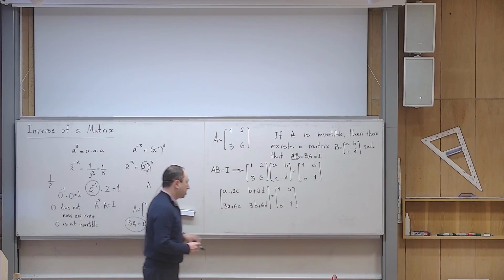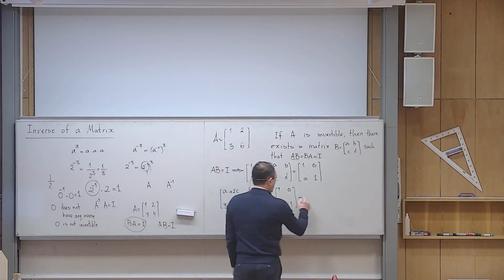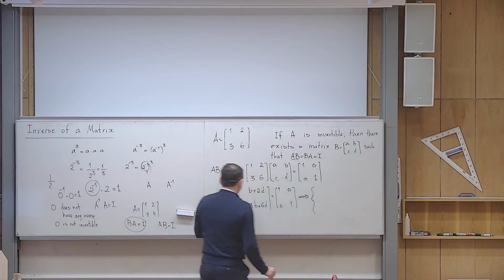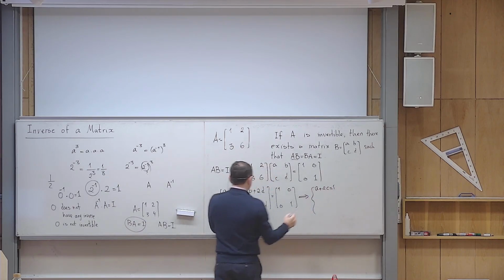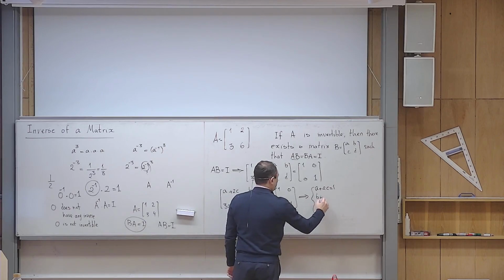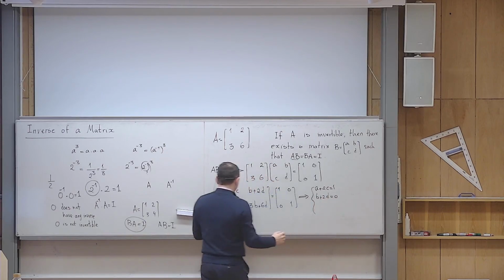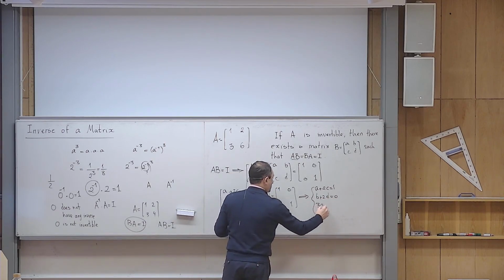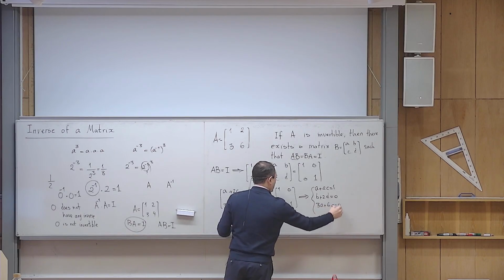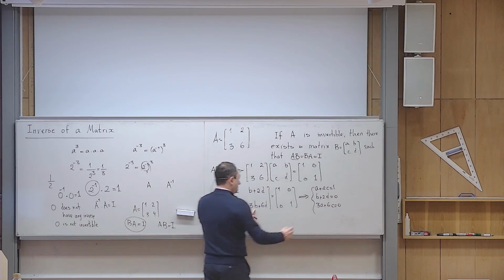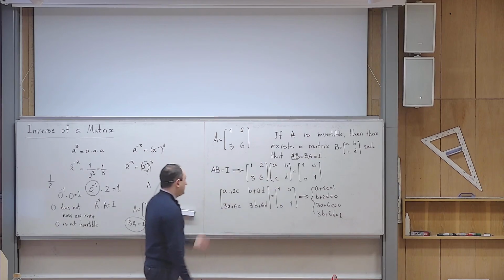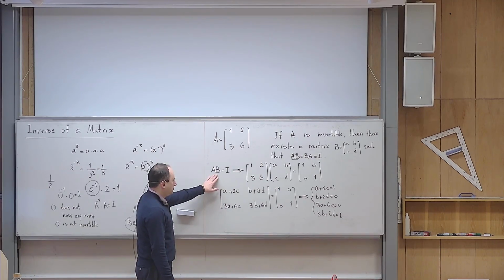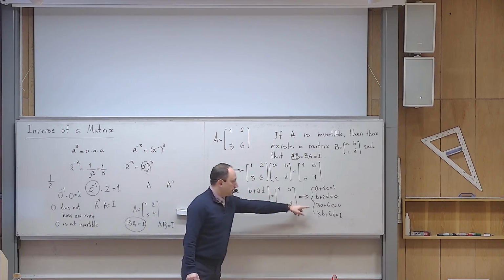Let us see why. If this equality is going to hold, what does it mean? It means that this entry, A plus 2C, should be 1, B plus 2D should be 0, and then 3A plus 6C should be 0, and then 3B plus 6D is equal to 1. If this is going to happen, then this has to happen.